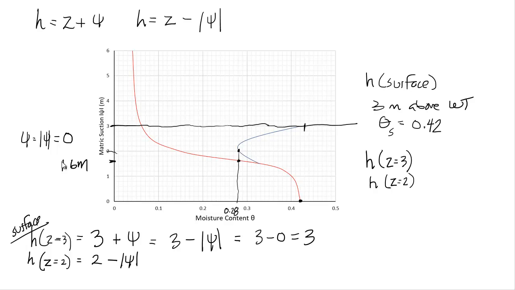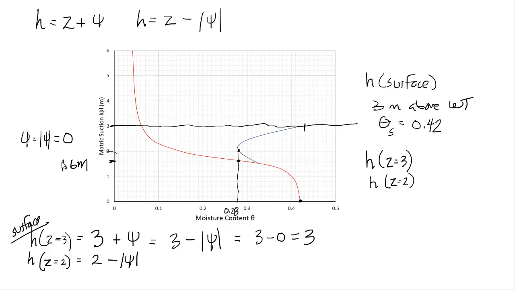So again, the way I get this is I take my moisture content and I go to the curve and find the corresponding value of psi, or in this case, the matric suction corresponding to that moisture content. The curve, the soil moisture characteristic, gives you the translation between moisture content and matric suction. That's what it does. So I read off my moisture content, and then if I want to know what value of the matric suction that corresponds to, I use my curve, and here I get 1.6 meters.